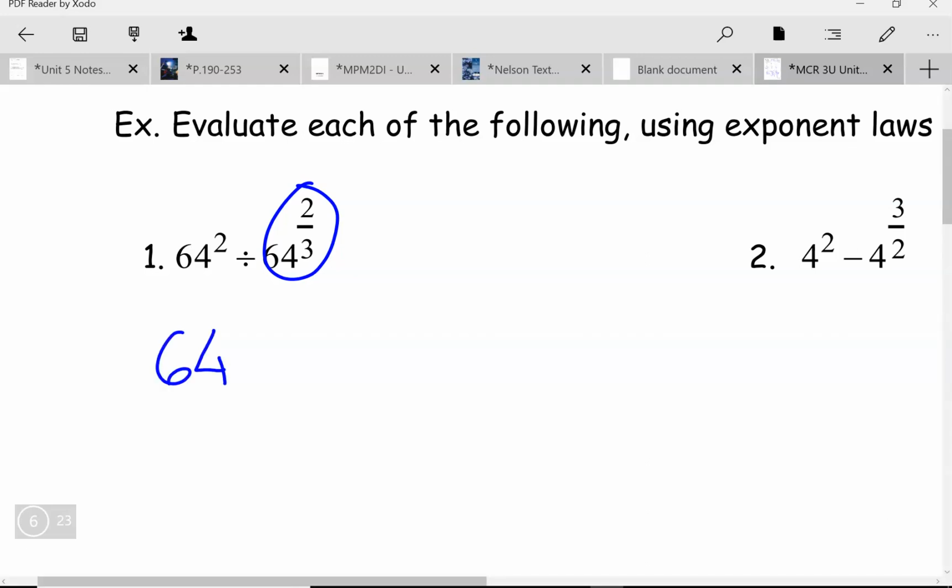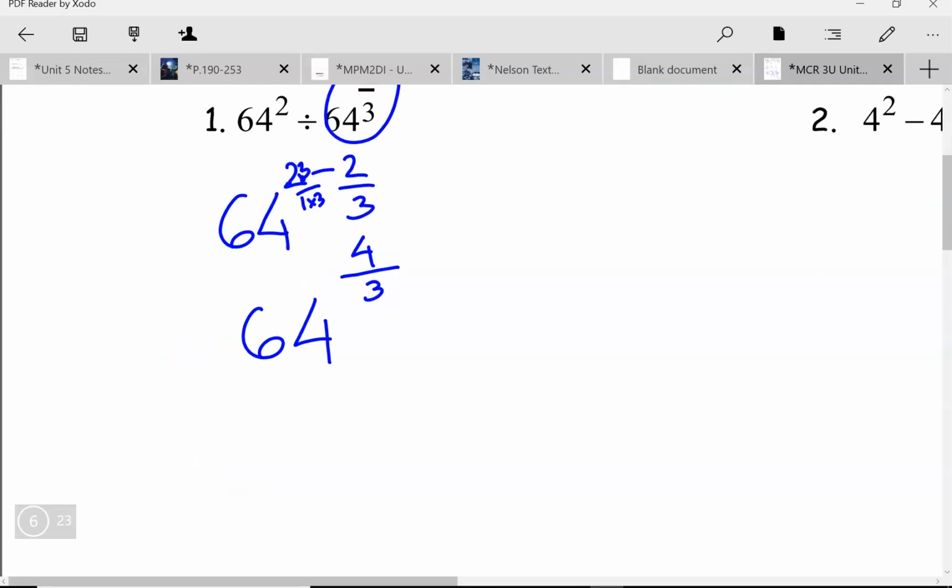So the idea here is we're going to use our division rule, so that's subtraction of exponents. So this is, again, times 3. Denominator is 1 times 3, so divided by 3 is 2 times 3 is 6, minus 2 is 4 over 3. And again, we know that this is just the cube root of 64 to the power of 4.